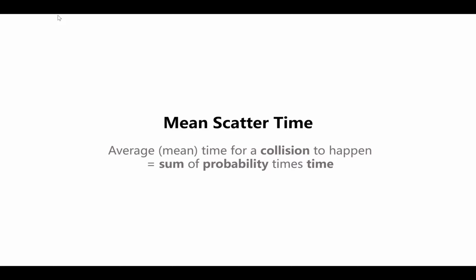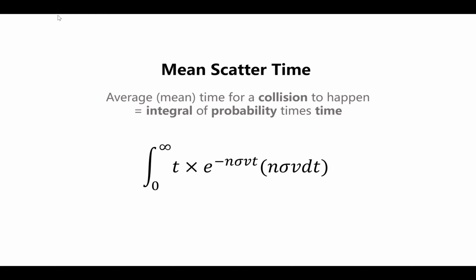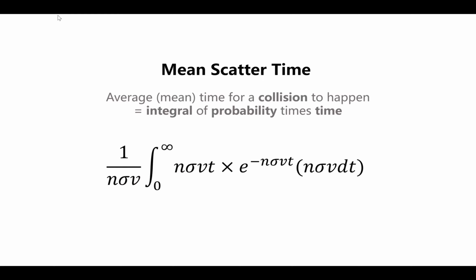The mean scatter time is actually a concept of weighted average, where the weight is the time. So it's the average time for a collision to happen, which is equal to the sum of probability times time. If we make the small time interval dt so small, we can change it to an integral. So this is the expression for the mean scatter time. I'll multiply by a factor of n sigma v so that the integral becomes very nice when we substitute u equals n sigma v t, which is just a u substitution.